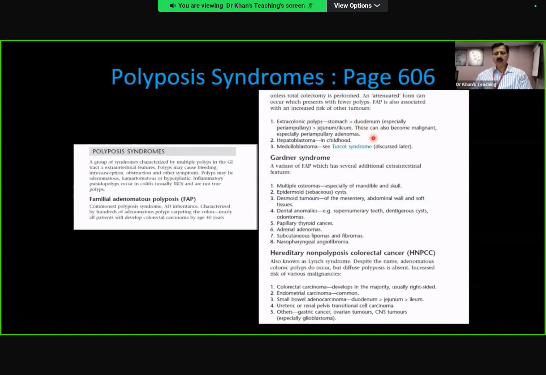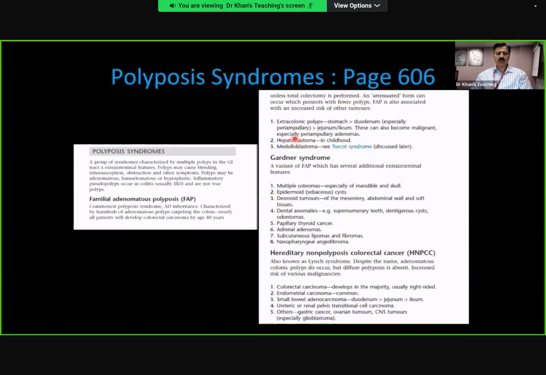Now, in all of these, they can become malignant, particularly in the duodenum. And the key thing is that we have to understand that we have to do endoscopies to keep them under control.